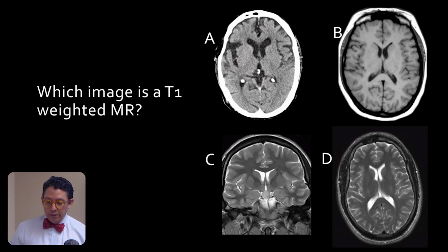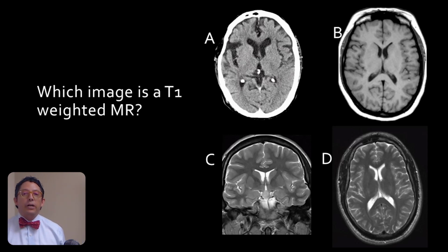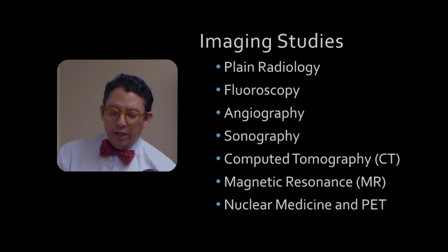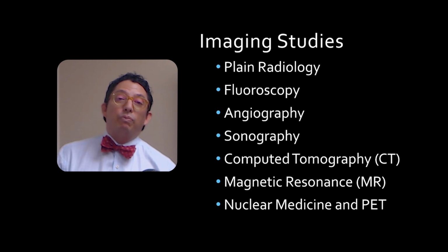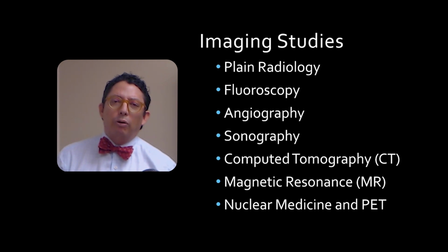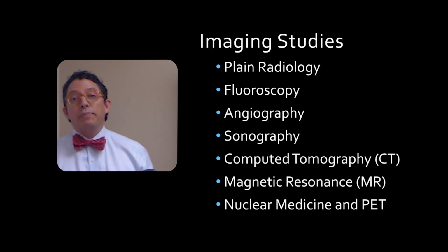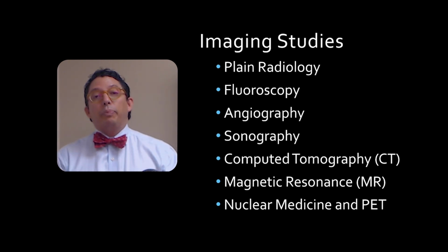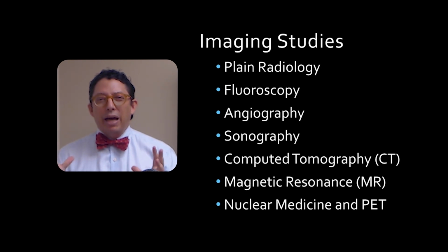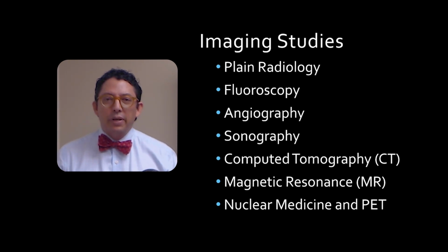So let's get back to the lecture and talk about imaging studies. What are the imaging studies that you can do to study the central nervous system, the spine, or the head and neck, which is what neuroradiology is all about? We can do it through plain radiographs. You can also do it through fluoroscopy, which is kind of doing cinematic images of X-rays.